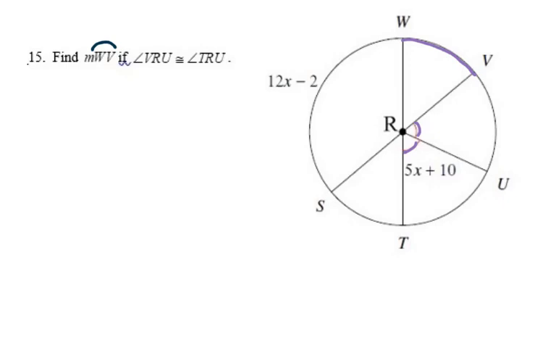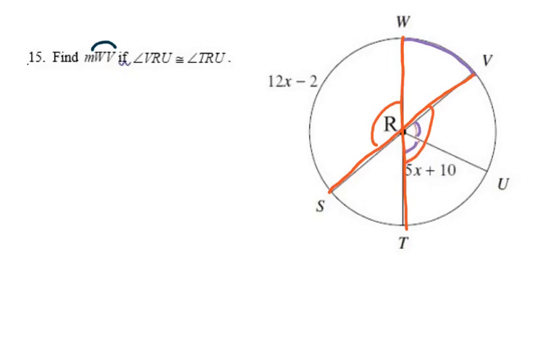Looking at this problem, the first thing we want to do is break through all these lines that are here and really just focus on our two diameters that are drawn: diameter WRT and diameter VRS. When I isolate those pictures, what I end up seeing are a pair of vertical angles.